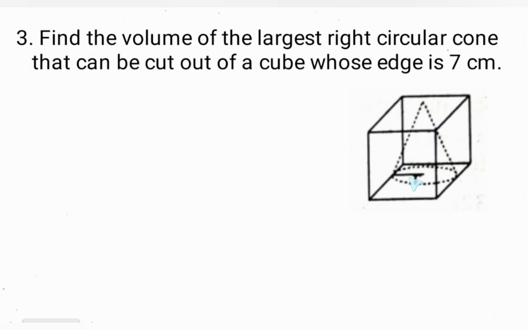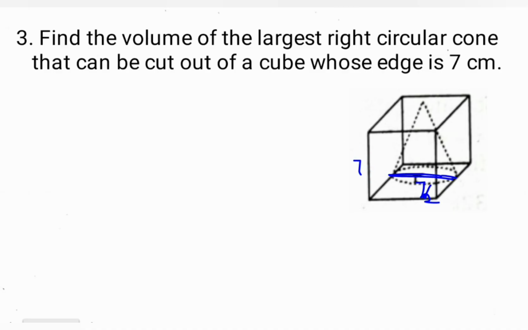Now look here. The cone touches the edges, that means the edges of 7 centimeters. So the radius of this cone is 7 by 2, and its edge is 7 centimeters.